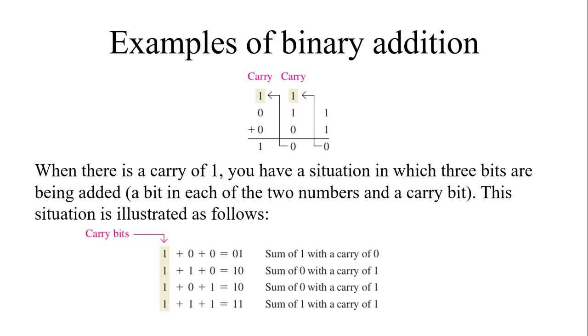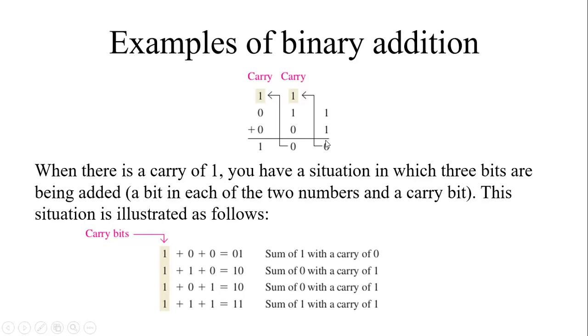Example of binary addition. Let's take this example. We have these two binary numbers. One number is 011 and the other number is 001. This is the addend and this is the augend. To add these numbers, let's start from the first column, from the LSB, the least significant bit. So 1 plus 1 is equal to 10 according to rule number 4.